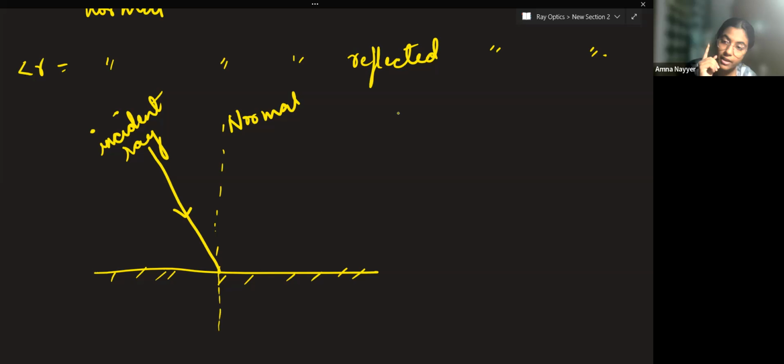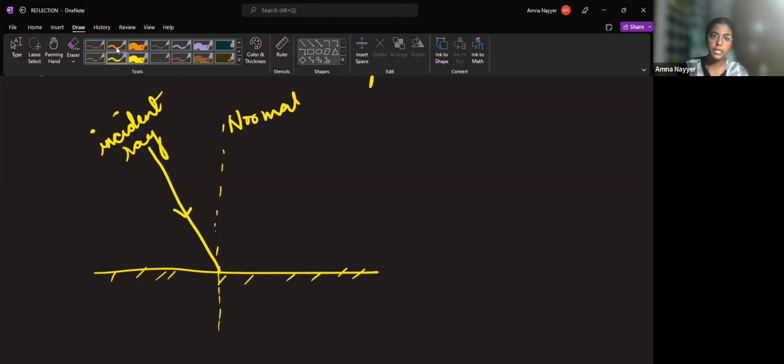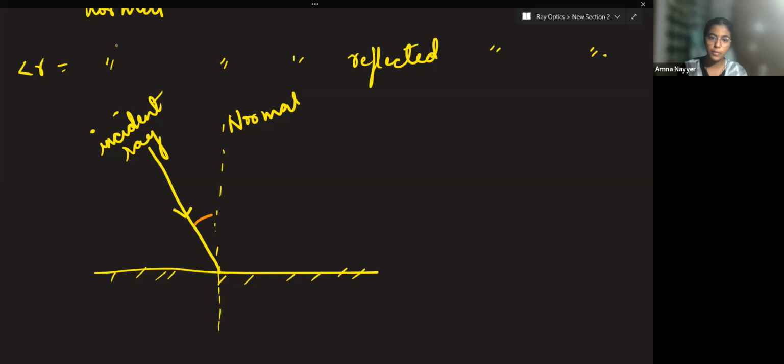So at every surface, whenever an incident ray of light is there, a normal will be drawn on it. The angle between the normal and the incident ray is known as the angle of incidence. Some students take the angle with the surface as the angle of incidence, because it is measured from the horizontal axis. Do not confuse it.